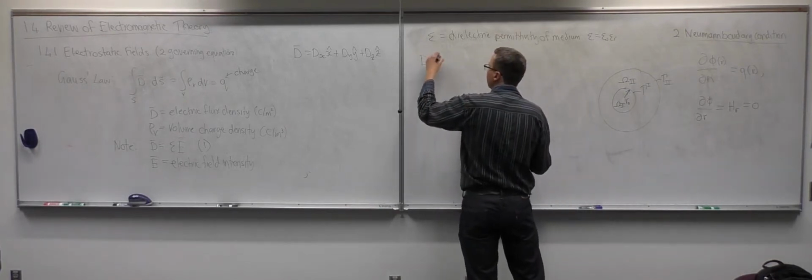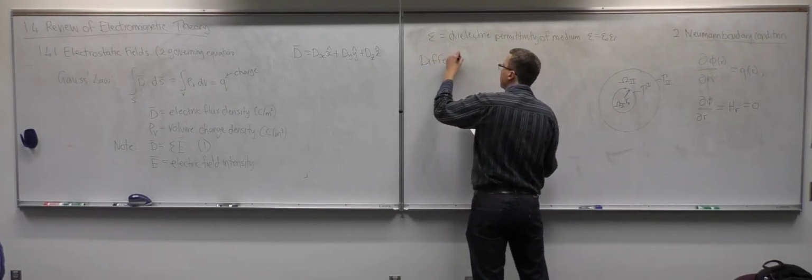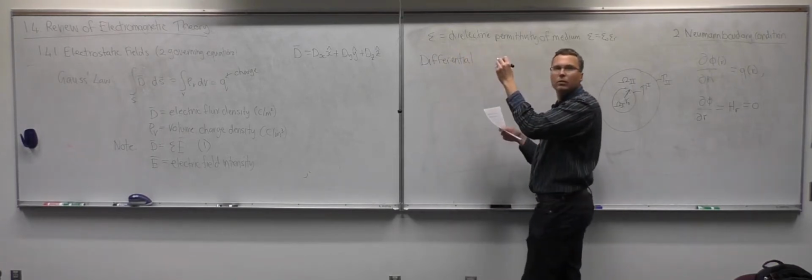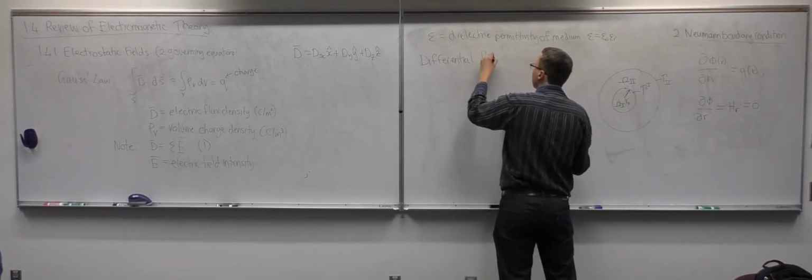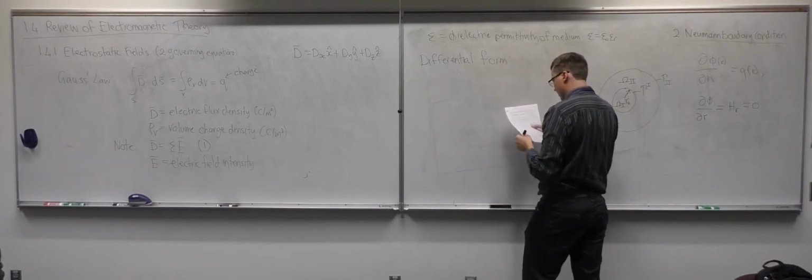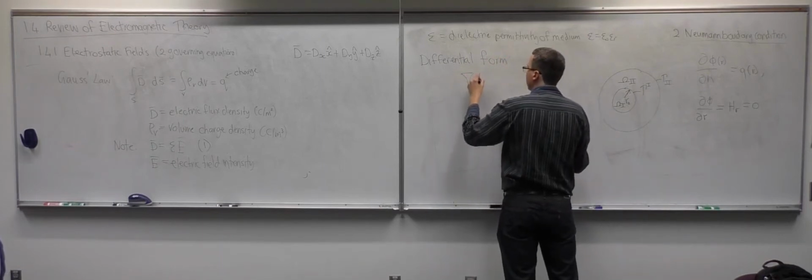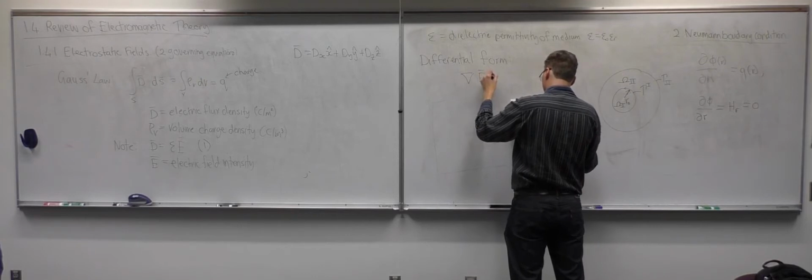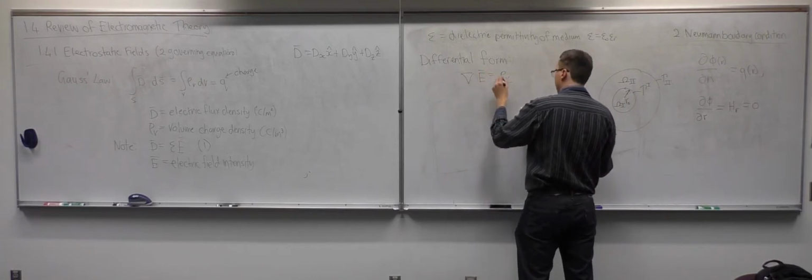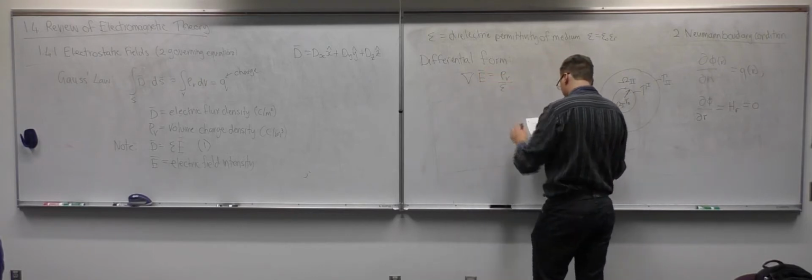And in the differential form, it is del dot E is equal to the charge density divided by the permittivity.